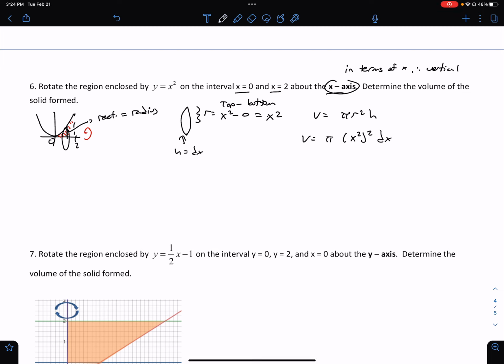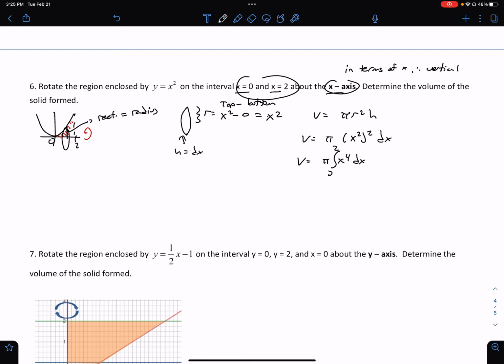Now remember, this is only for one disk. So this becomes x to the 4th dx, and we evaluate that, and they give me the domain 0 to 2. So now this is going to find the volume for all of my disks. In other words, it's going to calculate the actual volume of my region when we revolve it.